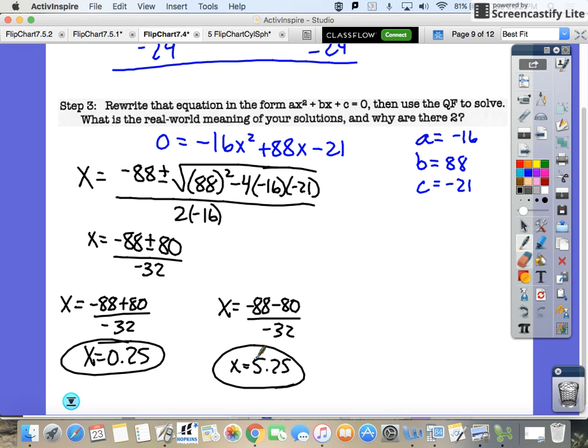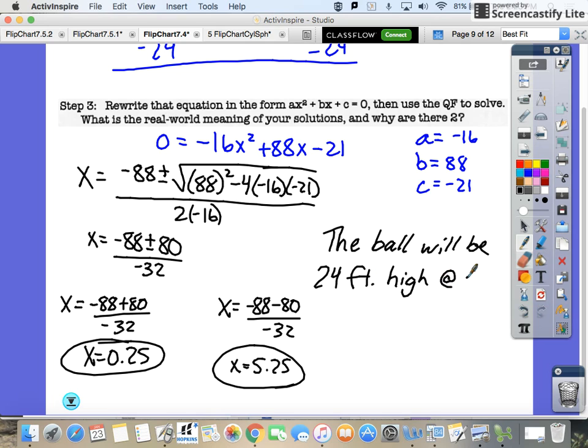So what this means, again, x talks about time. This means the ball will be 24 feet up at 1/4 of a second and 5 1/4 seconds.